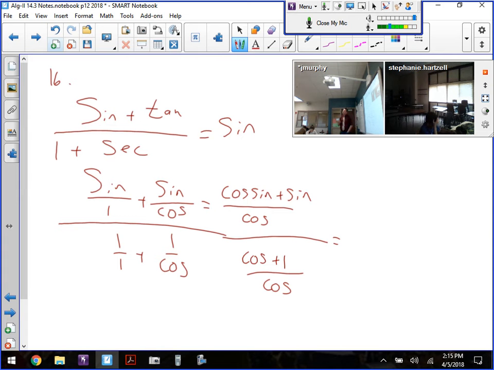But if I look at my first numerator, what do these guys have in common? And now when I bring up the bottom, I multiply by the reciprocal, and what are you left with? Right.